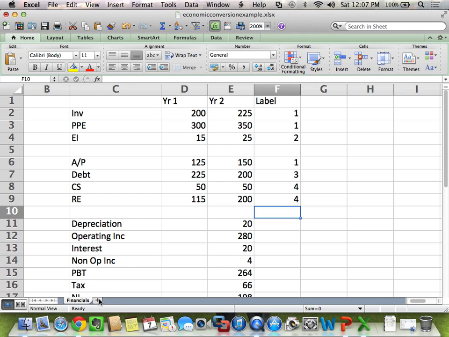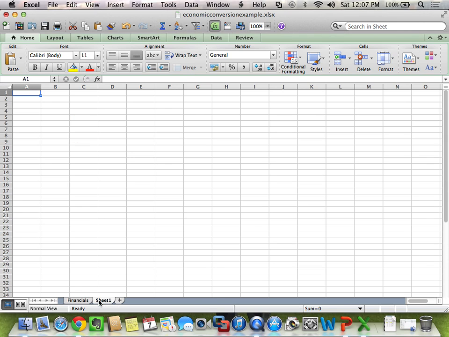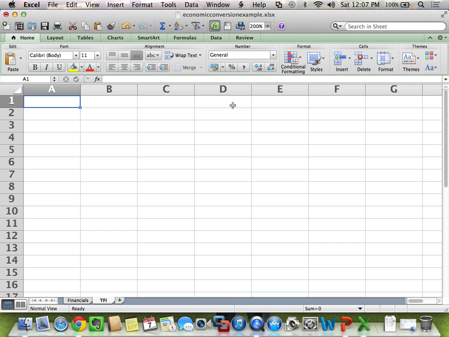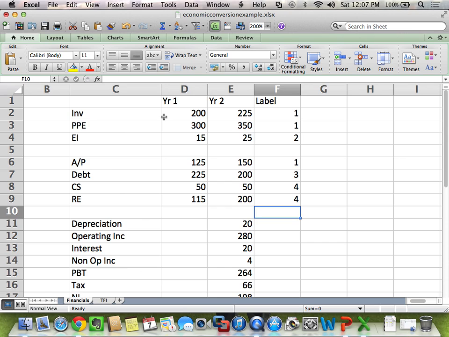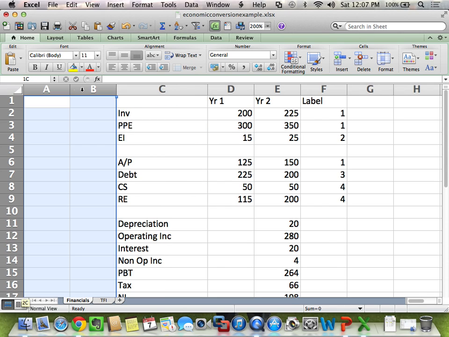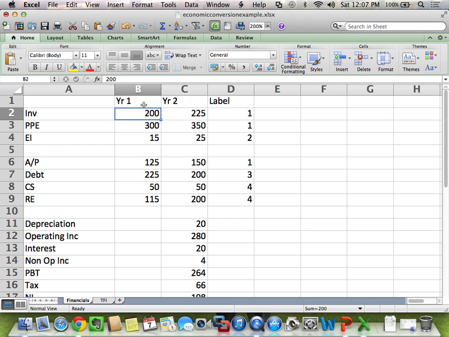So what I'd recommend is creating a new tab for every statement. So I'll call this TFI. And that also allowed me to cut and paste. So I'll copy and paste these here.